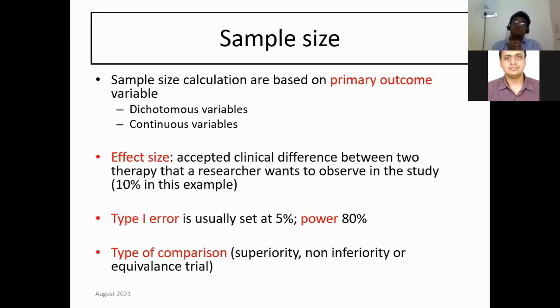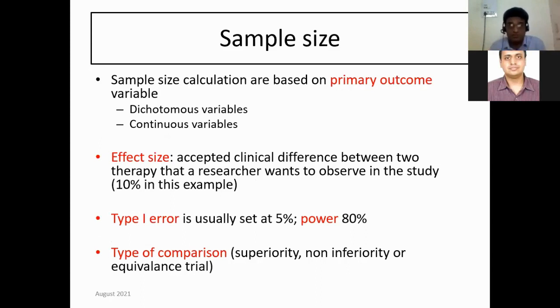Now, the next thing that comes is the sample size. And remember, a very, very important thing is that sample size calculations are always based on the primary outcome variable, which could be a dichotomous variable or a continuous variable. For instance, prevalence of anemia is a dichotomous variable. A continuous variable is, for example, the weight of the baby that has been born.